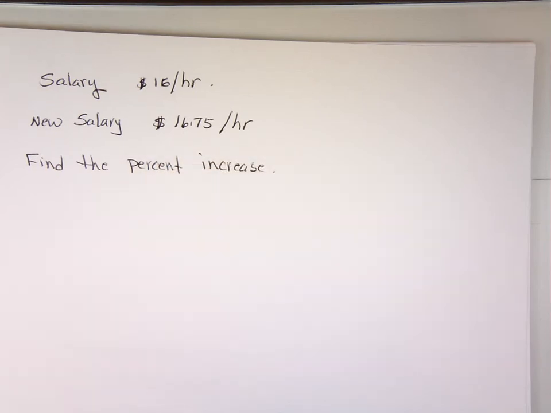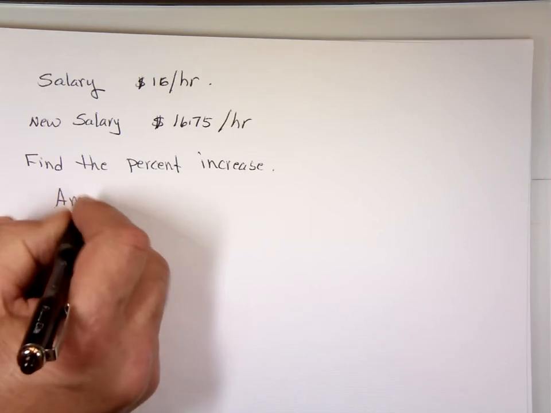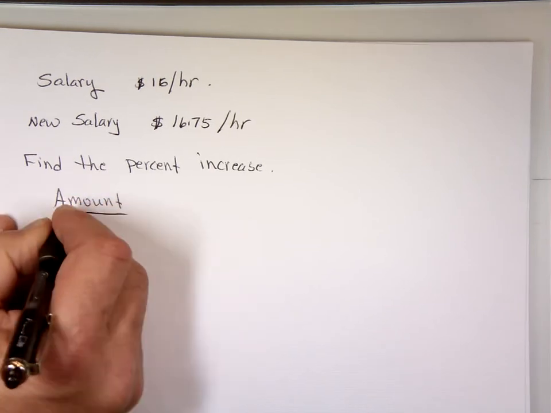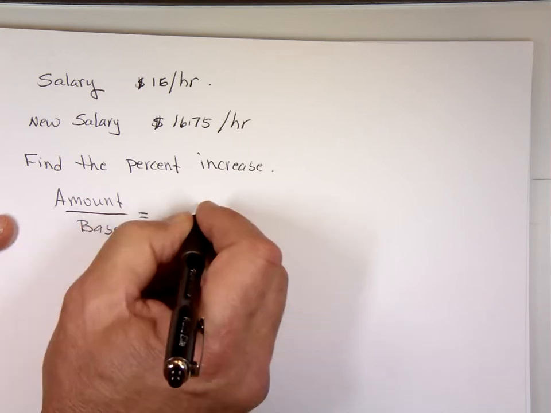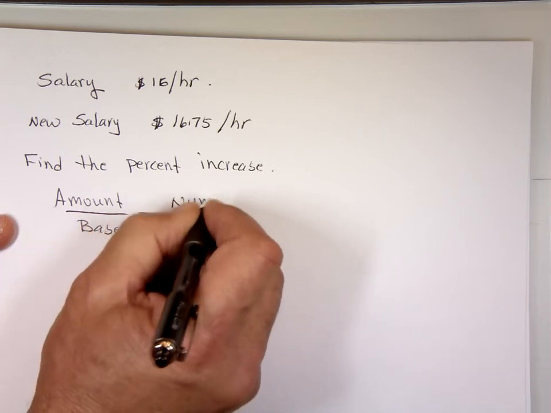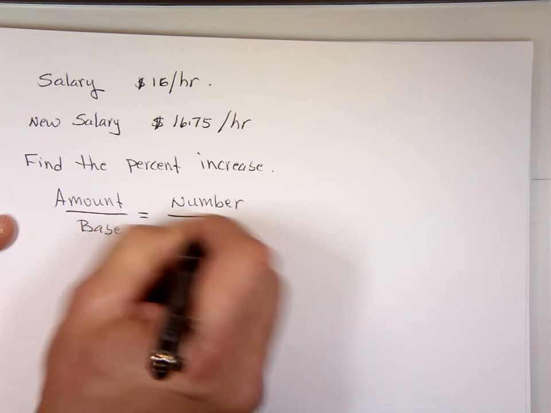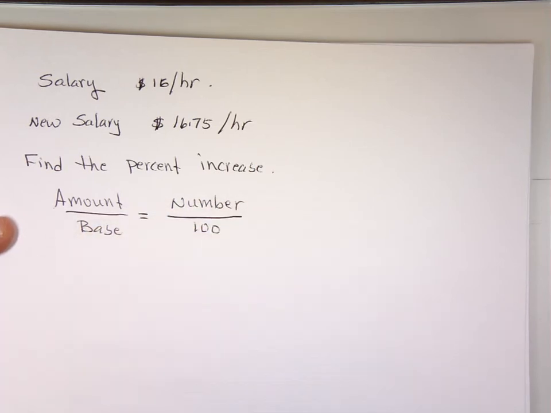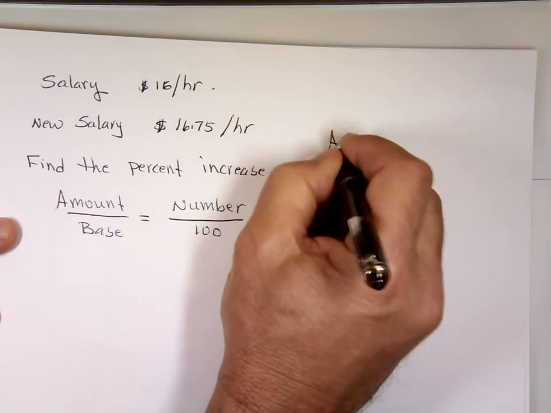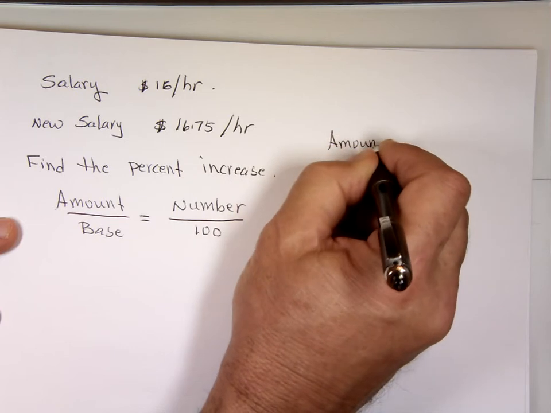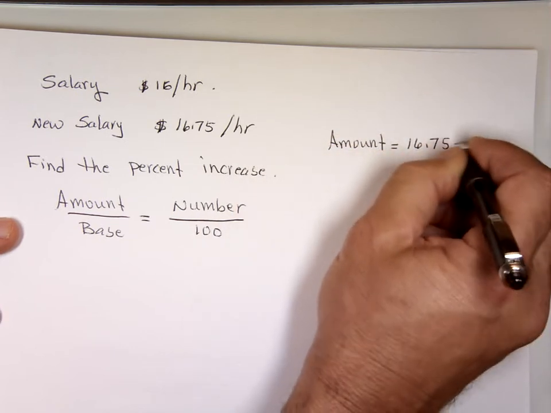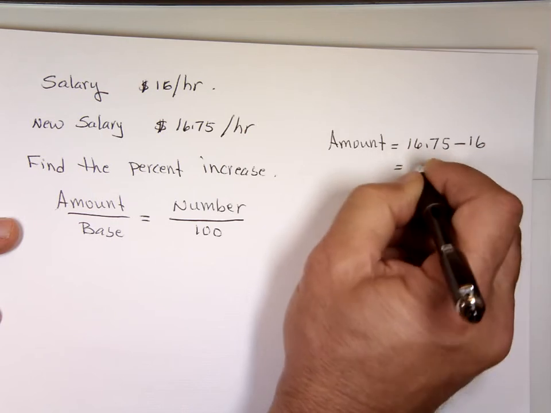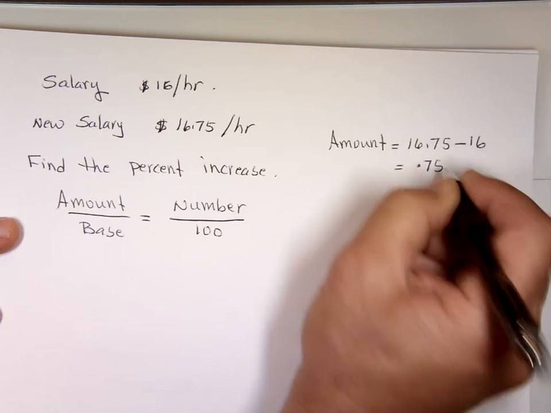Find the percent increase. The amount to the base is equal to the number to 100. What's the amount of increase? 16.75 minus 16, which is 75 cents, 0.75.